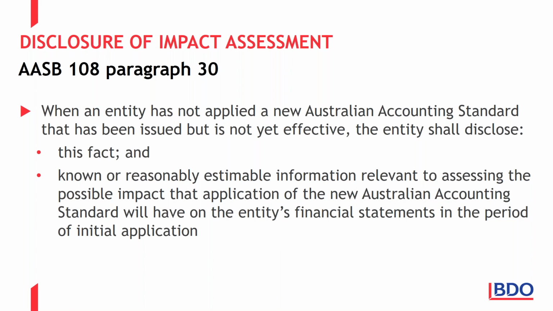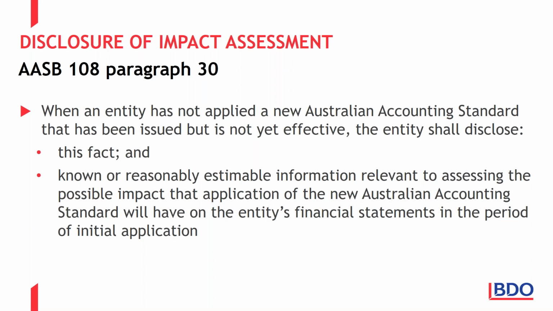You have to disclose this fact, the fact that there is a new standard and you have not yet implemented it because it's not yet effective. And then you have to disclose known or reasonably estimable, oh, I can't say that word, definitely too much for my Afrikaans.